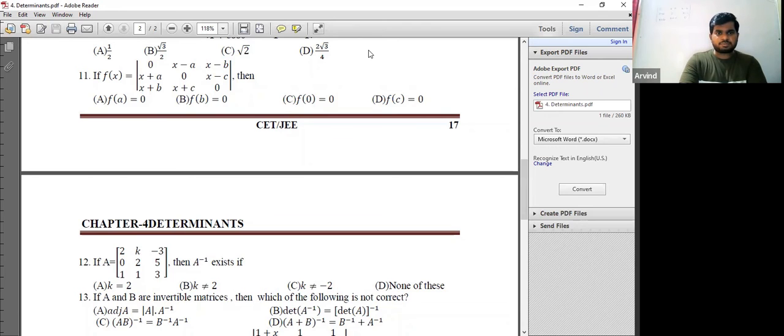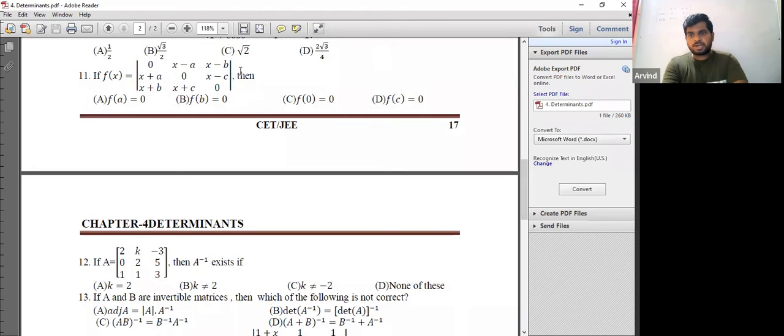You will get x minus a into x plus b into x minus c, and there will be another term also. In that, if you put a you won't get 0, if you put b you won't get 0, if you put c you won't get 0, only if you put 0 you get 0. Or the easiest way is you put a in place of x. Definitely you won't get 0. For b also you won't get it. For c you will not get 0, but it will be a skew symmetric matrix.